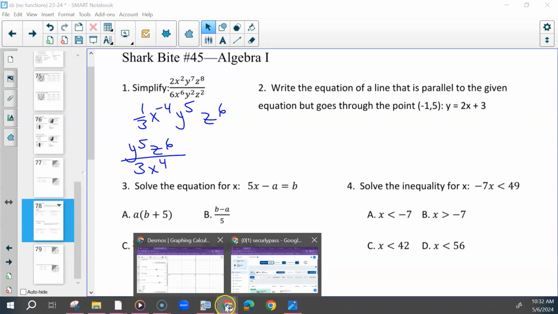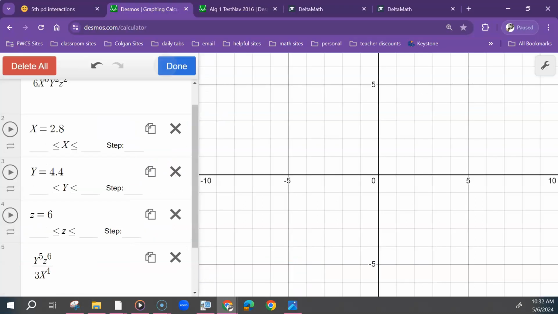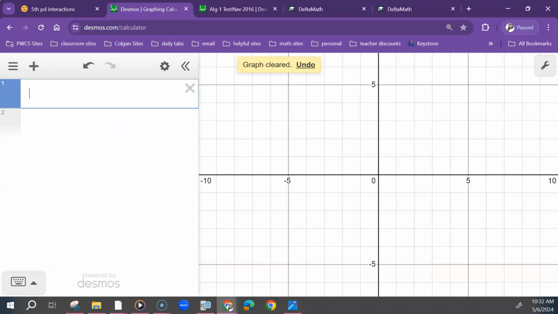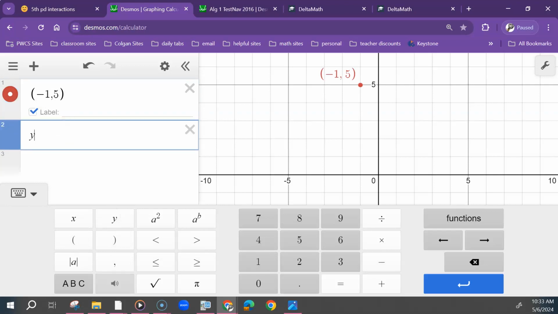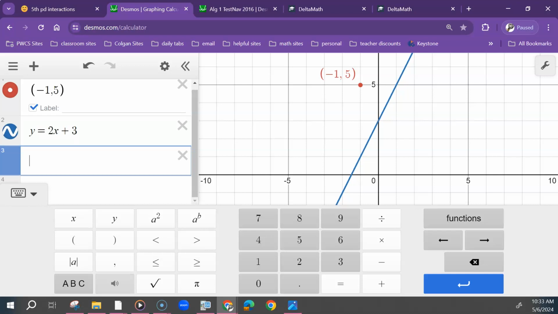Number 2, write the equation of the line parallel to the given equation. You can do that one completely in Desmos. So we're going to type in the ordered pair. Type in the equation that was already there. And then if I'm looking for the equation of a line, I know I need my y equals mx plus b.